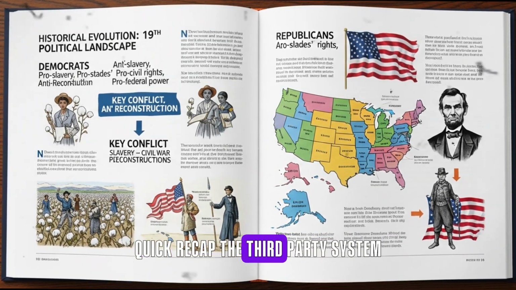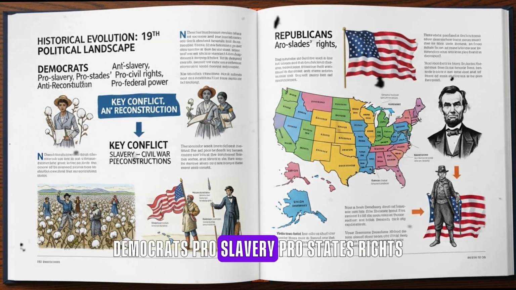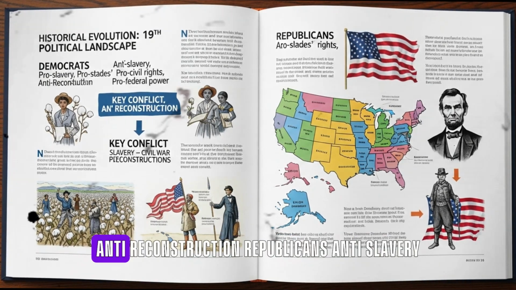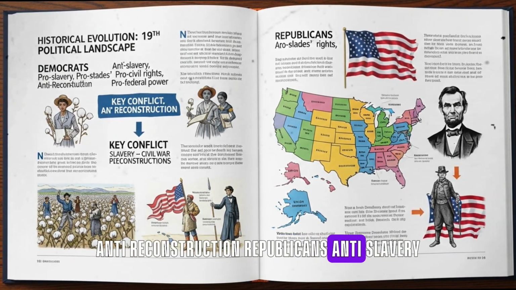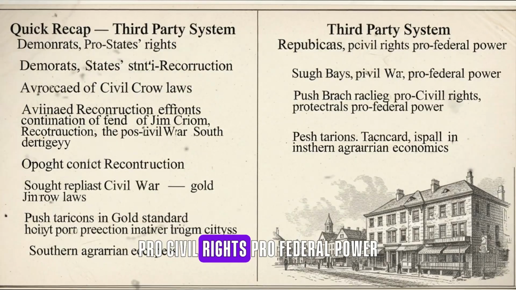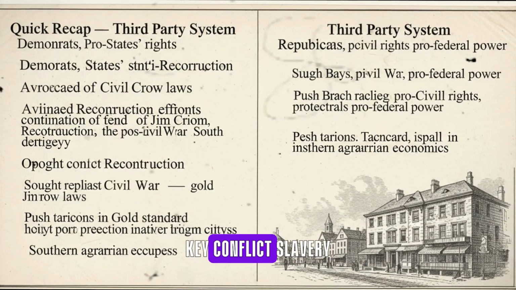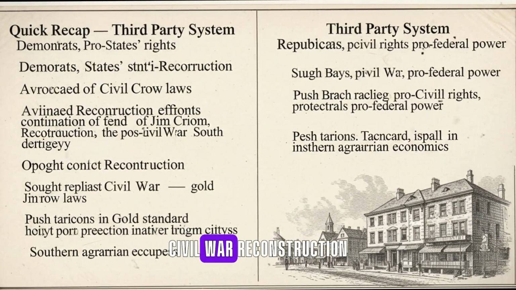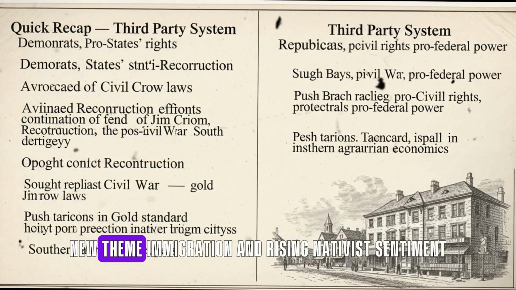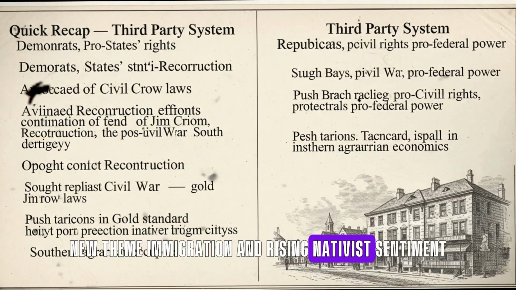Quick recap: the third-party system. Democrats: pro-slavery, pro-states' rights, anti-Reconstruction. Republicans: anti-slavery, pro-civil rights, pro-federal power. Key conflict: slavery, Civil War, Reconstruction. New theme: immigration and rising nativist sentiment.